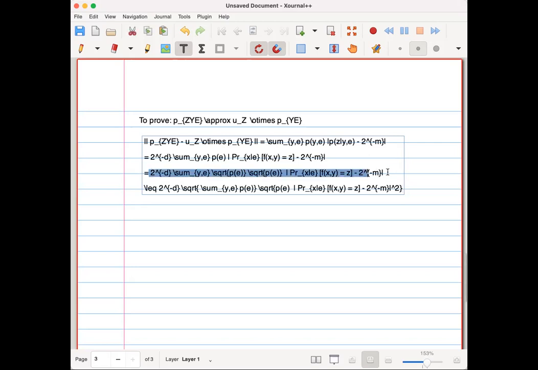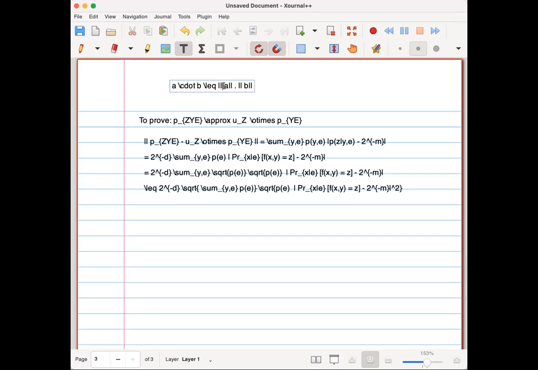Do you understand up to this step? Yes. Okay, so this is a dot product. What is Cauchy-Schwarz? Let me write it up here. Cauchy-Schwarz says that A dot B is less than or equal to the L2 norm of A times the L2 norm of B, right?